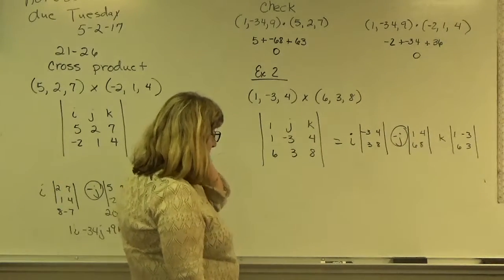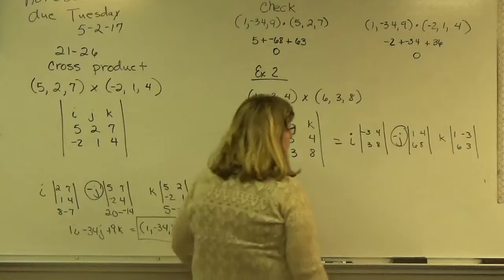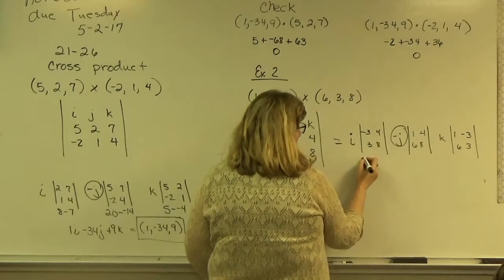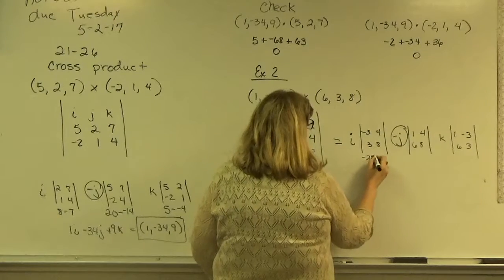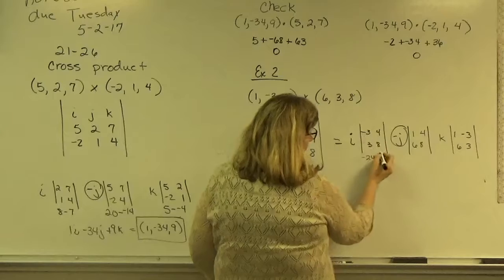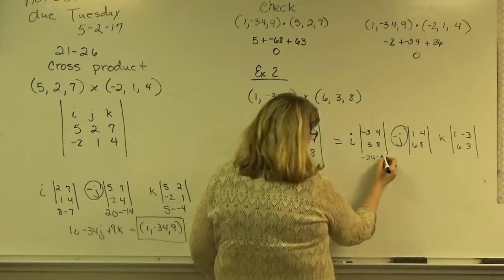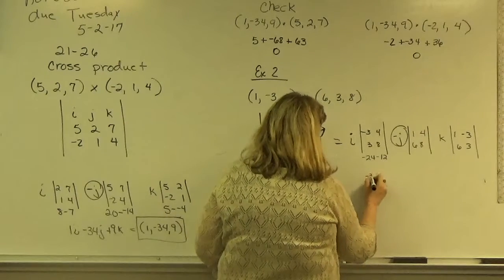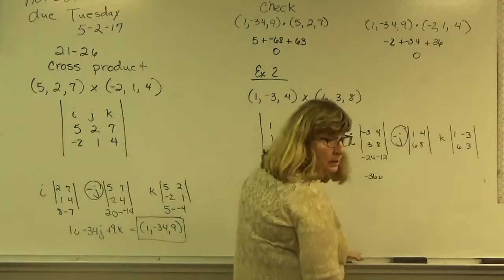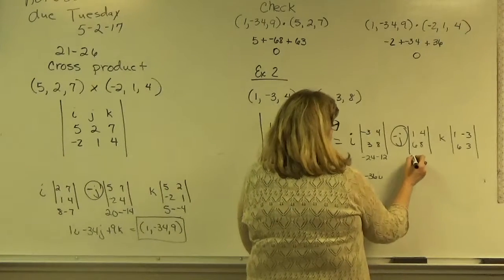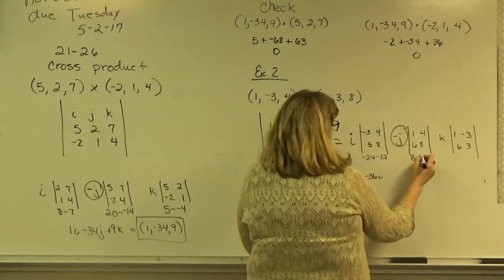So, Tara, what will that first one evaluate to be? Negative 12. Negative 24. 3 times 8 is 24, subtracting. Oh, you're right. So, yeah, that's negative 36. Okay, the next one, what? 8 minus 24.